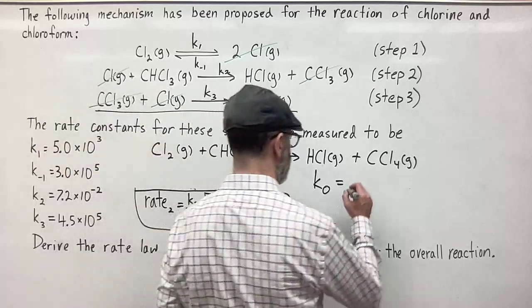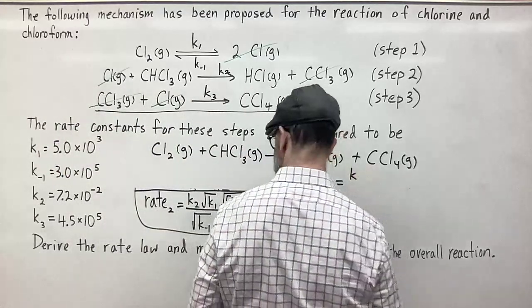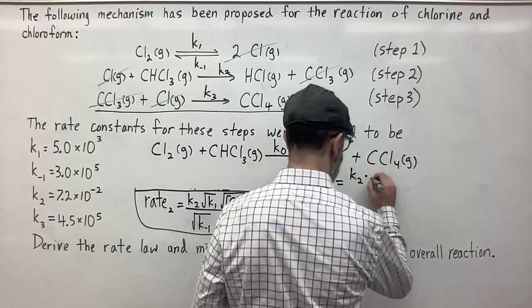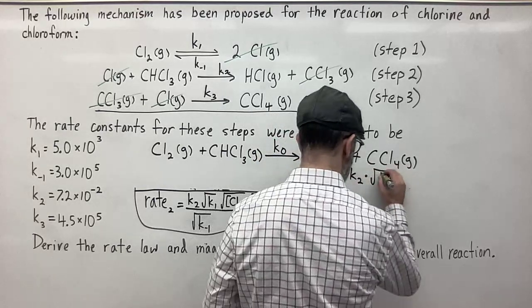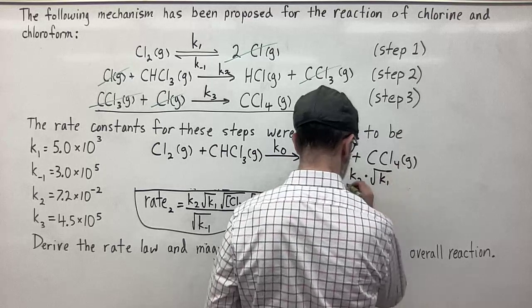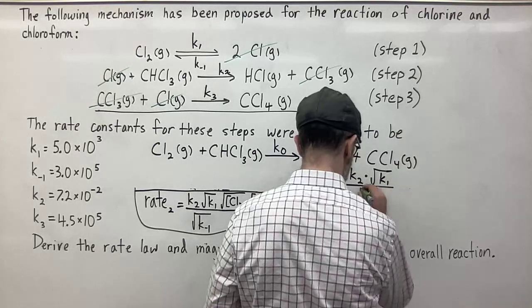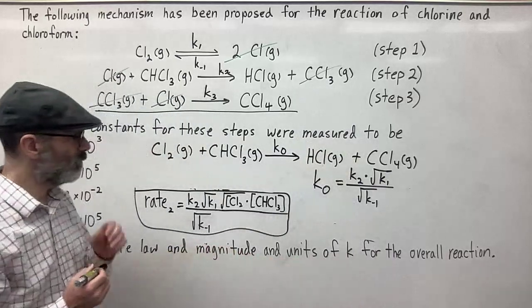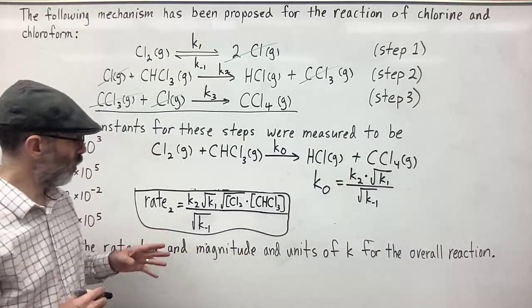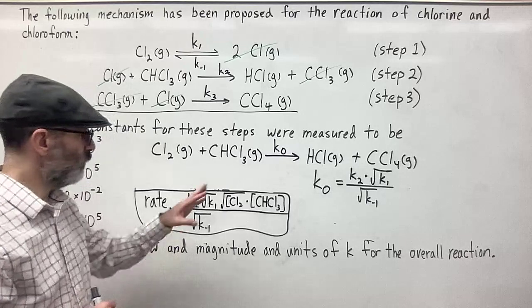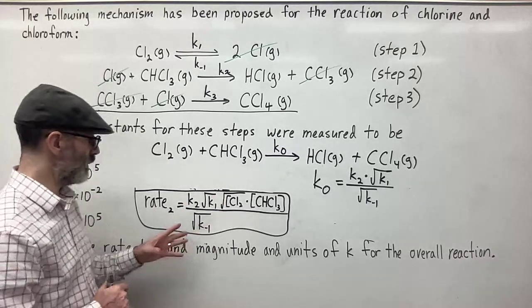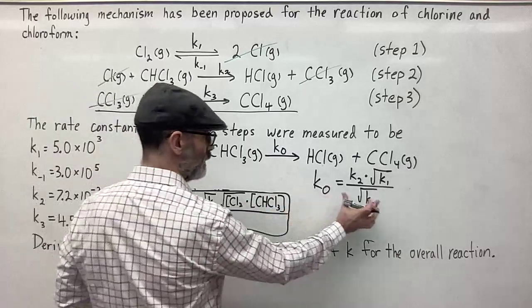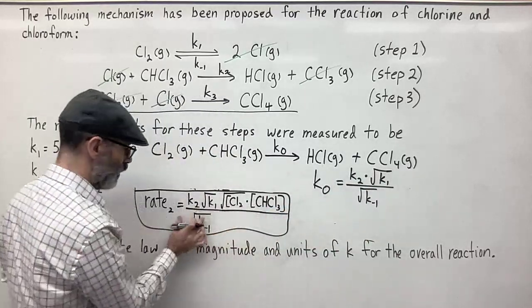So we have K2 multiplied by the square root of K1 divided by the square root of K minus 1. Okay, so we got that. So when we clean this up, basically we replace this here with KO.